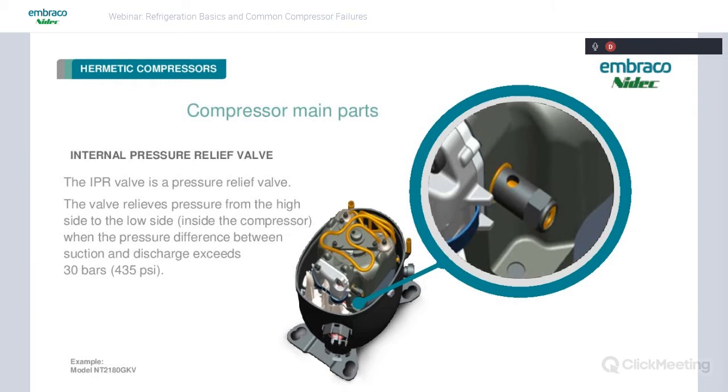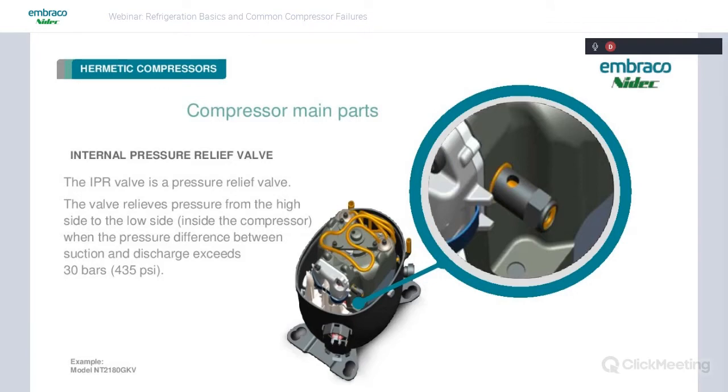Anytime the pressure differential between the suction and discharge exceeds 435 psi, this valve is going to open and relieve that pressure to the low side inside the compressor shell. It's going to make a pretty loud noise and hopefully cause the owner of the equipment to call for service. Basically, this is going to save the compressor from damage.